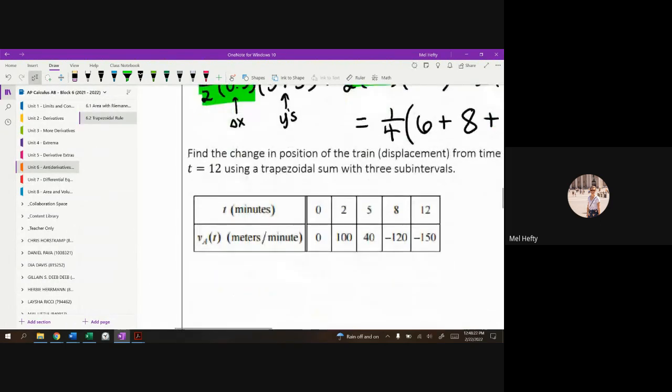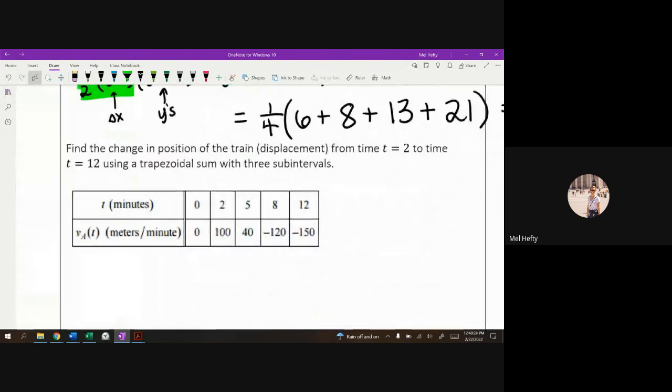So one thing you're going to notice is we're going to come back into the world of position, velocity, acceleration. With derivatives, the rate of change of position was velocity, rate of change of velocity was acceleration. Well, now this is giving us a way to at least approximate the way back up. So if you think of what we're about to do, we're about to take meters per minute and multiply it by minutes. That'll cancel our minutes and we'll get meters, some distance units. So that's pretty darn cool.